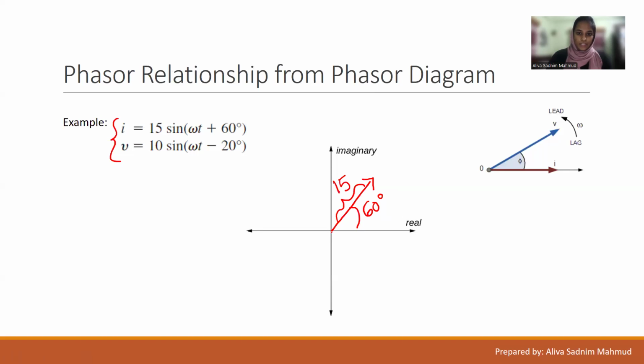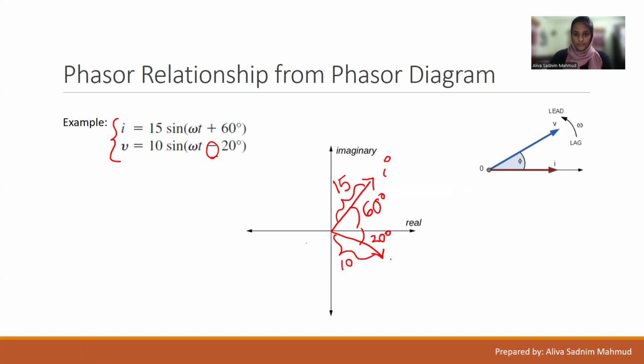And for the second one, it will create an angle of 20 degrees. Since here it is a negative angle, it will create the angle in the clockwise direction. And this amplitude will be 10.